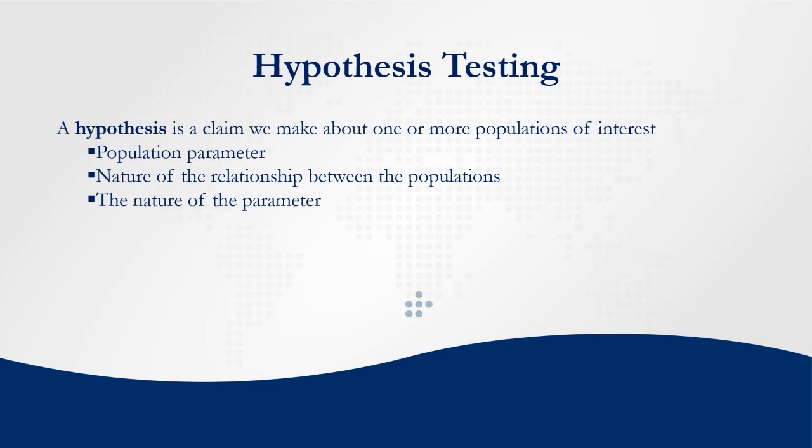Those claims, you can refer to them as hypotheses. Very important: the hypotheses are about the population of interest. So it can be about a parameter, as I've used teenage pregnancy, the population prevalence, which is a proportion. So it will be the population proportion. It can be a relationship between two populations.